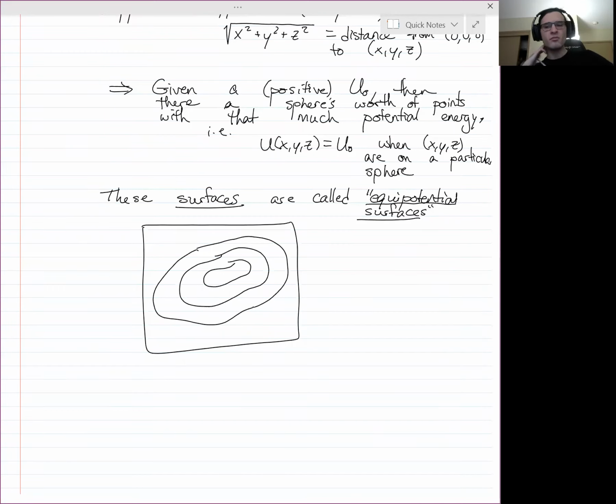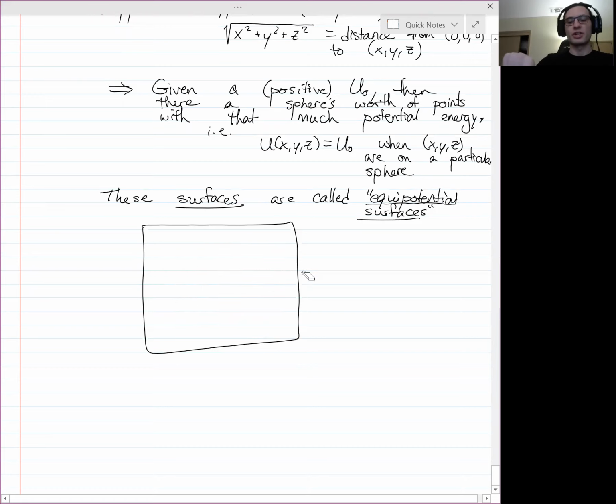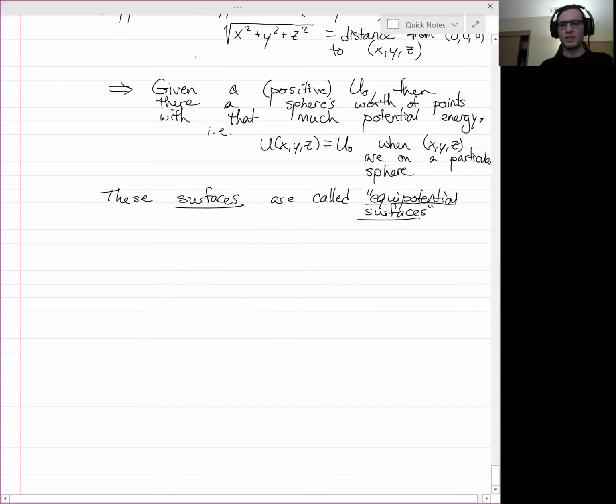And all we're doing is we're just generalizing from 2 dimensions, this is 2D, to 3 dimensions, because we now have surfaces that all have the same value. It's kind of hard to picture because that would be the equivalent of a 4-dimensional topographic map, but that's the way to think of it. These equipotential surfaces are just like lines on a topographic map.